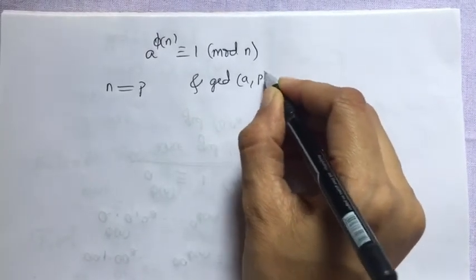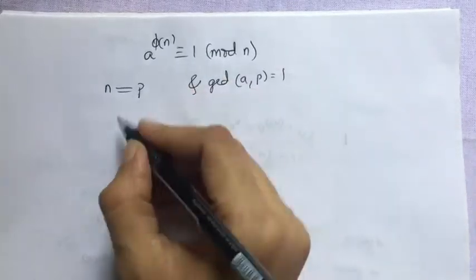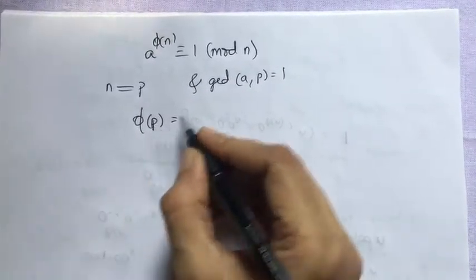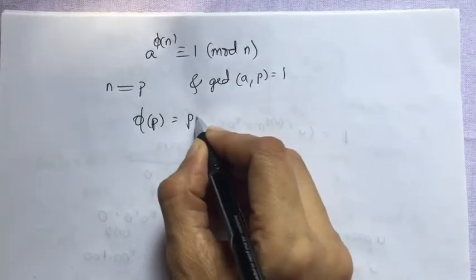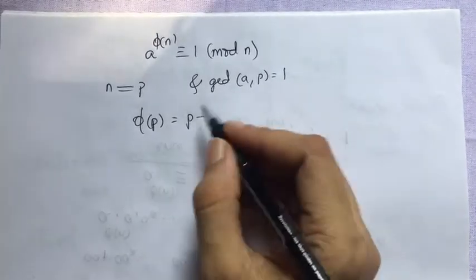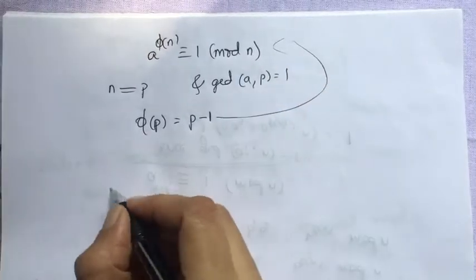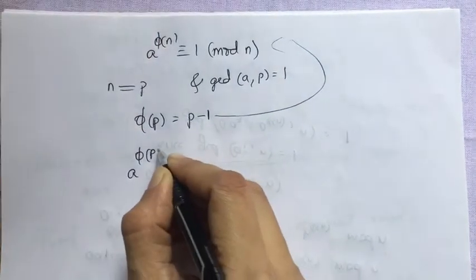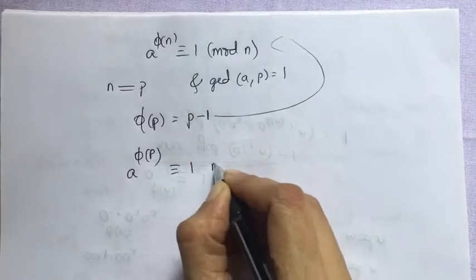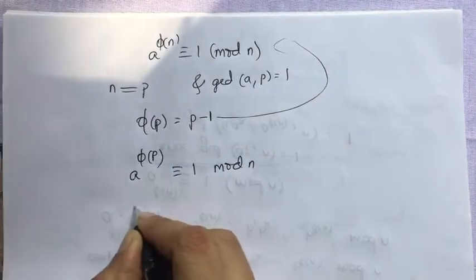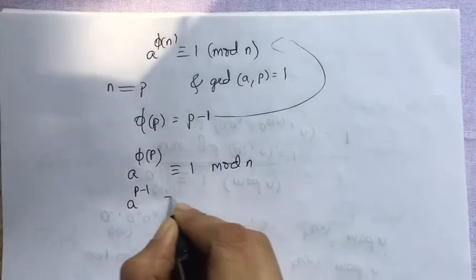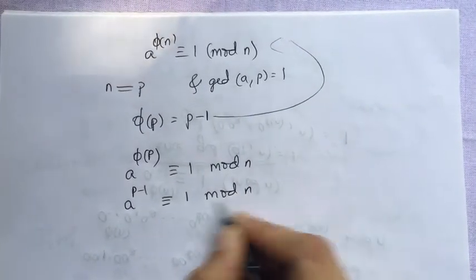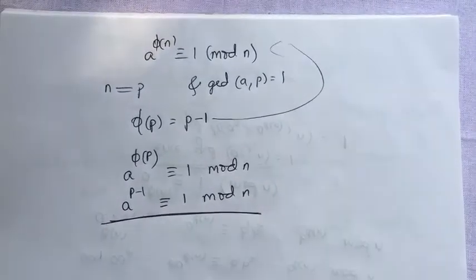and p is equal to 1, then phi of p is what? We know phi of a prime number is p minus 1, right? So I'll just put it over here, then it becomes a power phi of p is congruent to 1 mod p, which is a power p minus 1 congruent to 1 mod p, which is nothing but Fermat's little theorem.